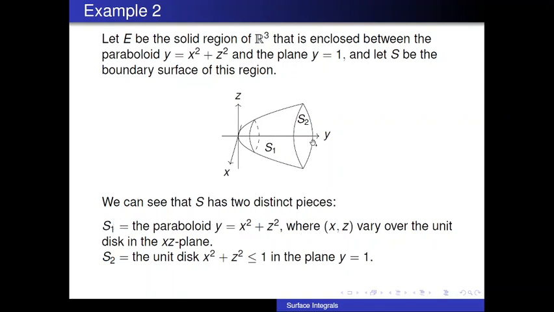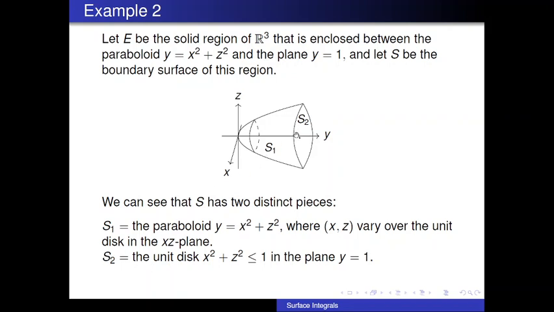If you stand along the y-axis and stare back at the xz plane, the projection of that paraboloid piece is just the unit disk. If we're stopping at y equals 1, this is height or radius 1. So we're graphing that paraboloid: y is a function of x and z, where x and z vary over the unit disk in the xz plane.